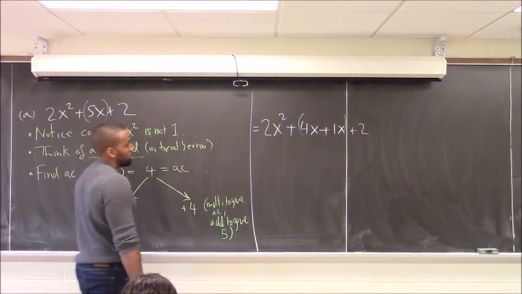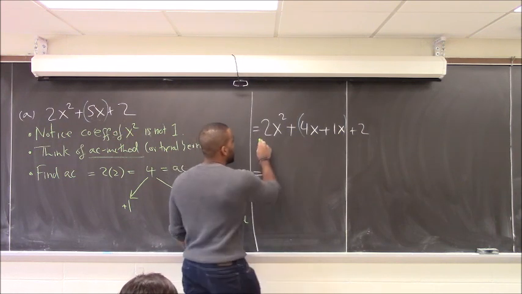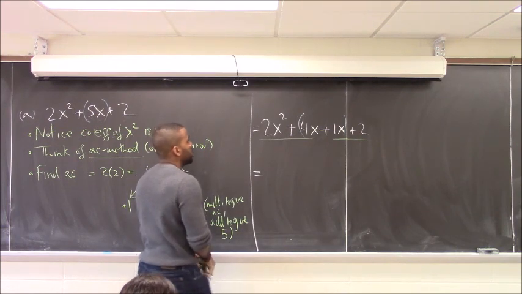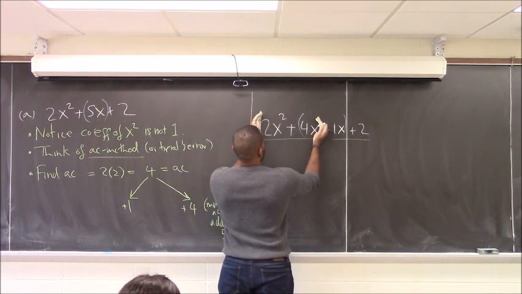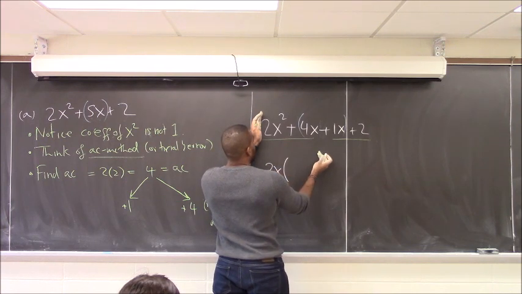And now you're going to factor by grouping. So you pair these guys off and factor out the common term. What's the common term between these two? 2x. What's left over? x plus 2.